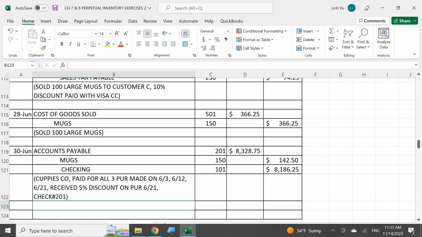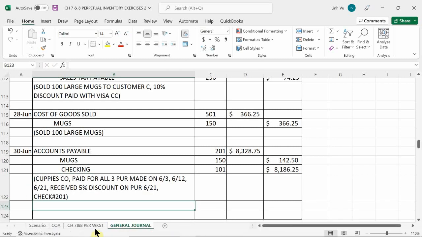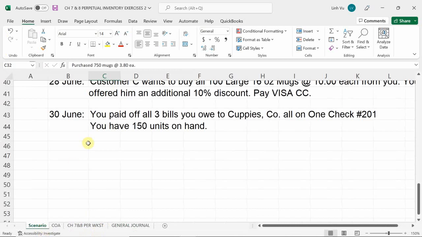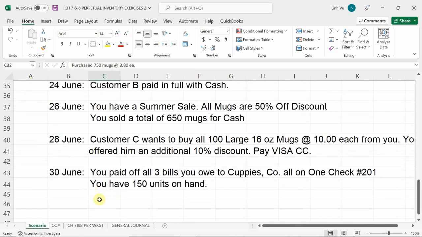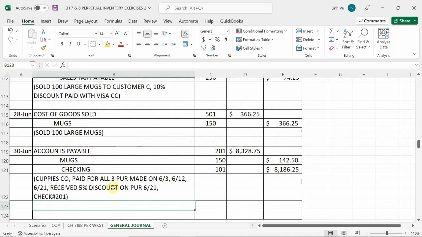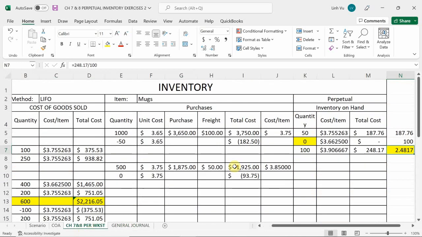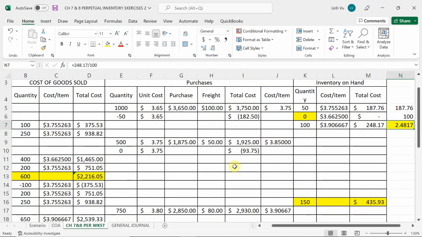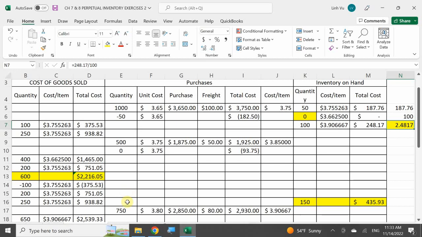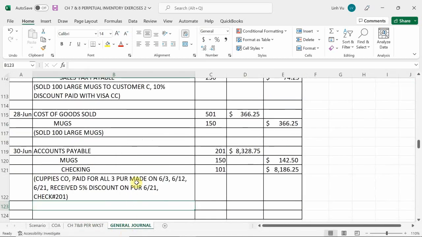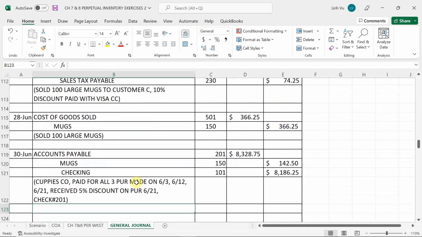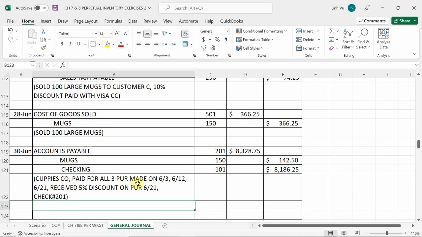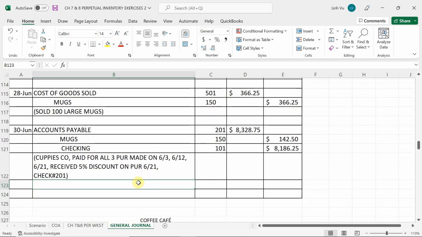And that concludes this scenario, because you finished it. That's your last journal entry, and you updated your inventory. And of course, last but not least, you don't need a conversion entry because your inventory is already inventory. And that is it for the chapter 7 and 8 part 2 review.